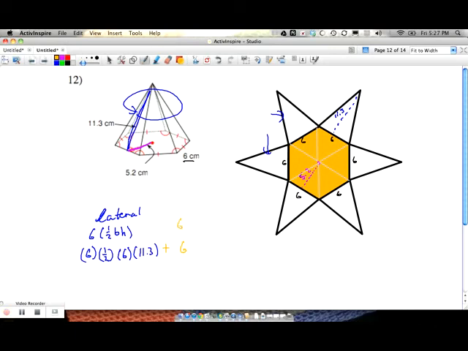So that's 6 times half times the base times the height of those inside triangles. So we have a 6, then we have a half, and we need to multiply a base and a height in there as well. Well, the bases, again, are 6, and the height is 5.2. There we go. And that is our total surface area.